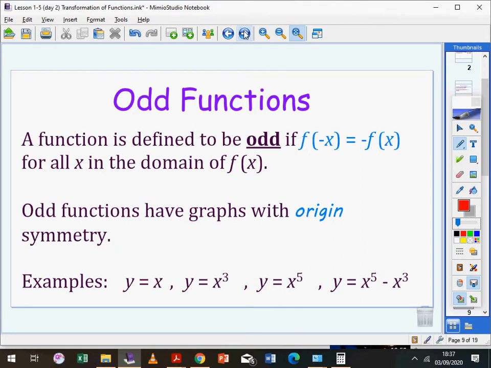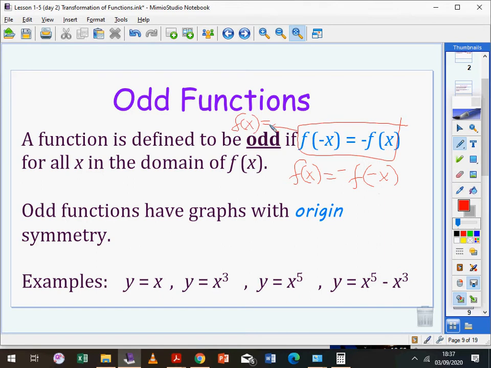Those functions are symmetric around the origin. I usually prefer to write this as f of x equals negative f of negative x. It is the same thing, so don't be confused by that. It's just one last step, but if I combine them, it's the same thing.